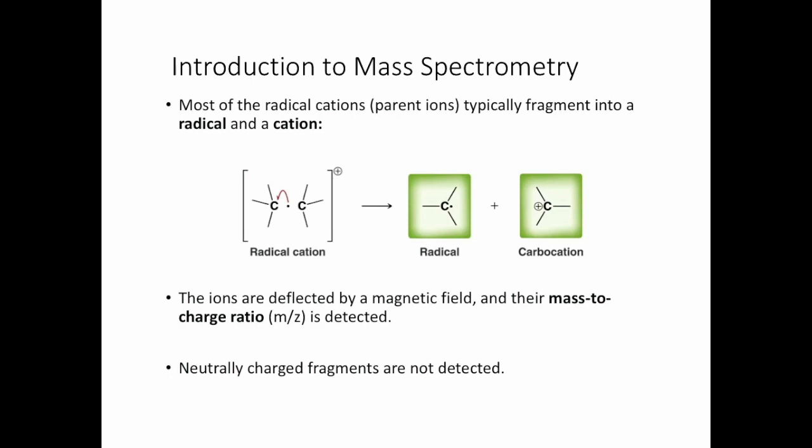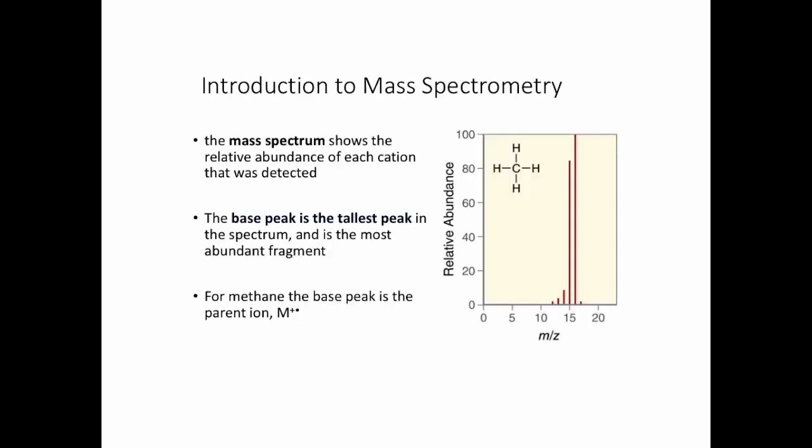In this example, this radical cation breaks apart into a radical and a carbocation. The ions are deflected by the magnetic field according to their mass to charge ratio. Therefore, if there is no charge, they will not be detected. Lighter fragments are deflected to a greater degree than heavier fragments.